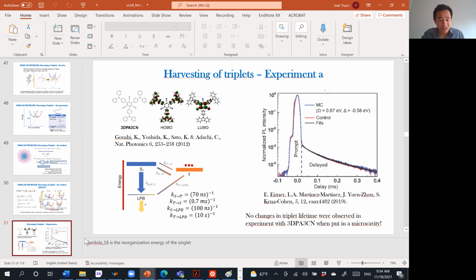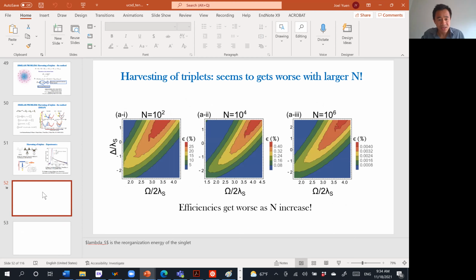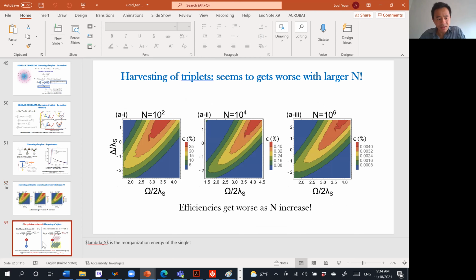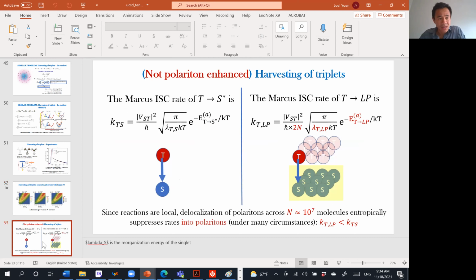And the reason is because, you can see it here. The efficiency of this process becomes smaller and smaller the larger the number of molecules there are in the microcavity. And this argument can be understood rather easily. So sure, you can change the energy level of the polariton at will if you wish, and that changes the activation energy, which plays an important role in reactivity.